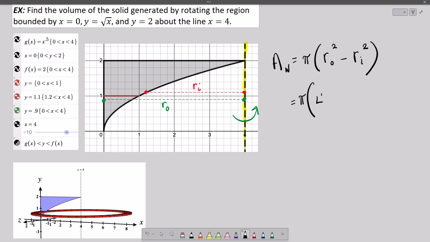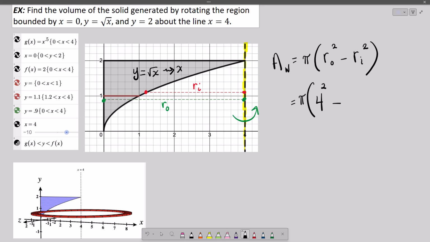So we're going to have 4 quantity squared minus. Now again, it's horizontal. The right x is still 4. The left x, we've got to look at our curve. What is it? y equals square root of x. That is not an x value. That's presented as a y value. That's measuring vertical. If we want to measure horizontal, all we do is isolate the x.